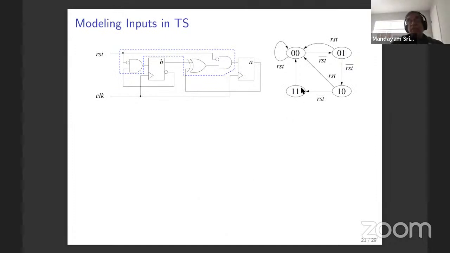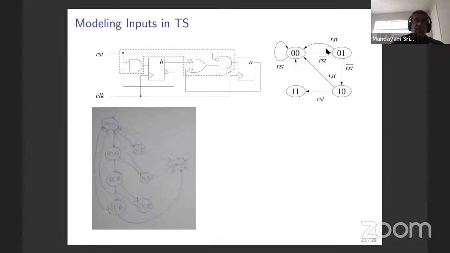You could have an extension of the transition system formalism where inputs are treated in a special way. For example, sometimes they use what are called Mealy machines to do it. But in our formalism, what I'm trying to illustrate is that the environment, which gives the inputs to the system, can also be included as part of the state.